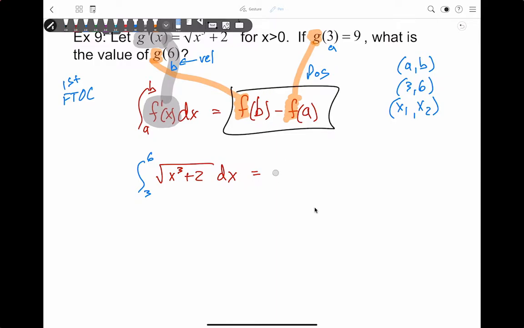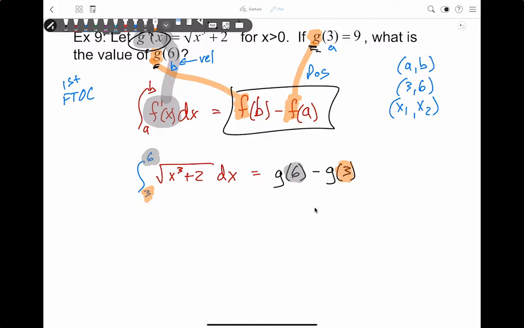We're going to use g because that's the position function that correlates with that g prime that was given. So we're going to say g of 6, which is the final position, minus g of 3, which is the initial position. Again, this is the final, and this right here is the initial, okay?